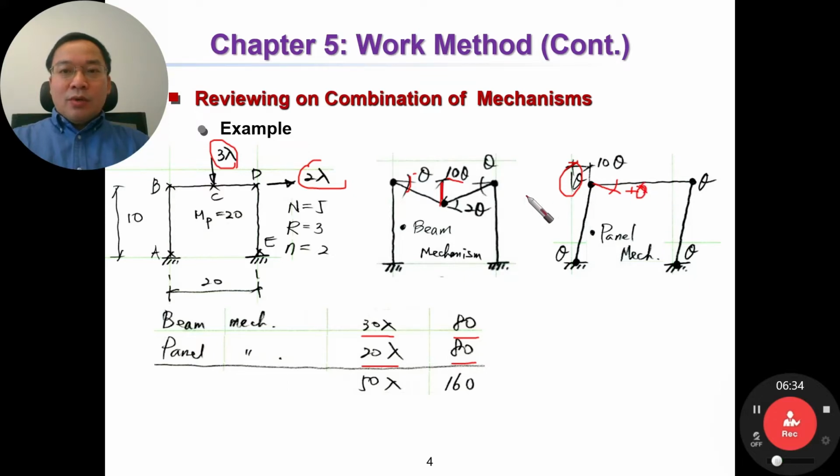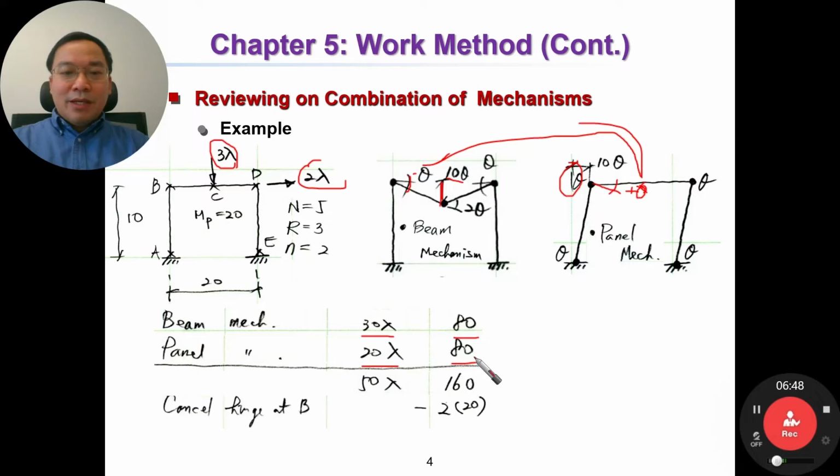When we combine this beam mechanism and panel mechanism, then minus theta and plus theta, this angle will disappear. It means we have to cancel the hinge at B. This hinge will be cancelled. Then we have minus 2 hinges multiplied by 20, because Mp is 20. Okay.